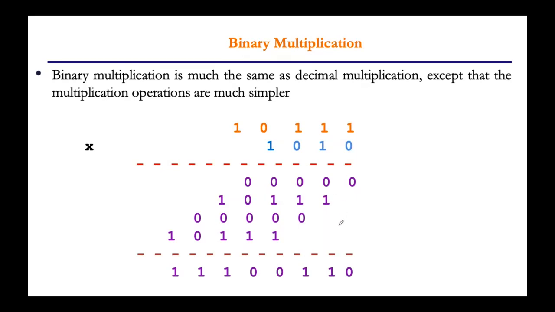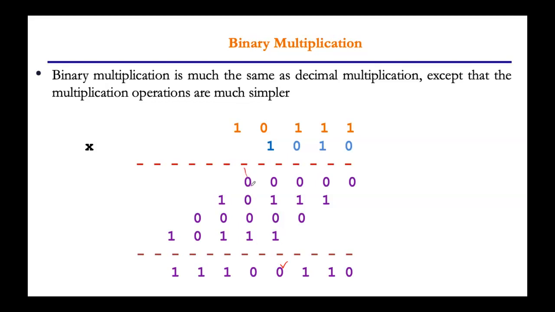Then you can do the simple binary addition. So 0 here, 1 here, 1 here, 0 plus 1 is 1, 1 plus 0 is 1, 1 plus 1 is 10. So 0 here, and the carry will be here.